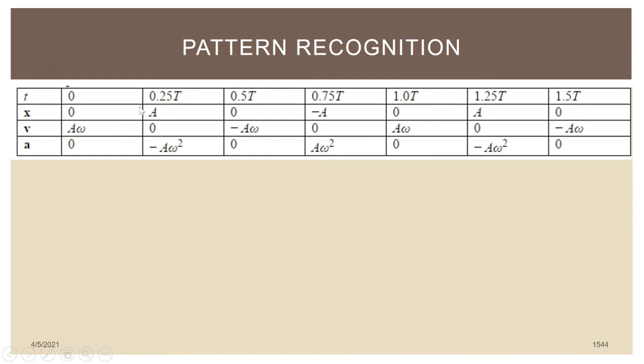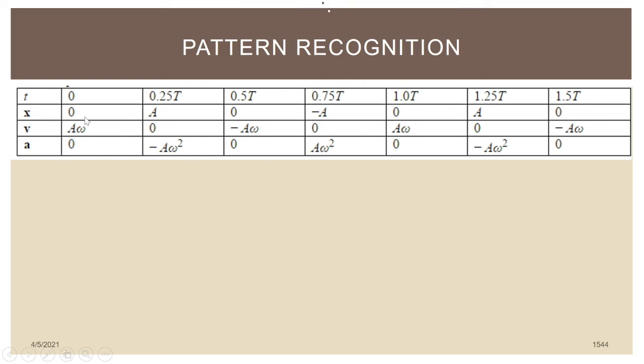And it does this in a regular pattern. If it's at 0 at time equals 0, by the time it reaches one period, it goes through all of the possible positions, all the way up through all the positive ones to the amplitude, down through all the positives again, back down to 0, down through all the negative positions to the negative amplitude, and then back to 0.